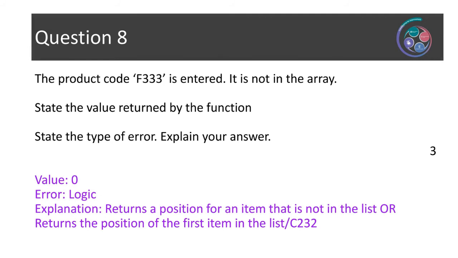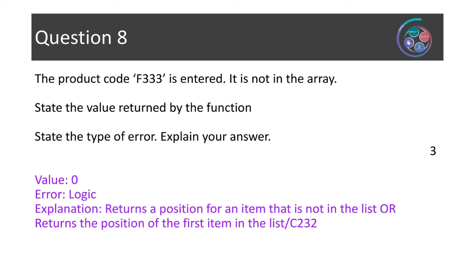So the first part of this question is asking us to state the value returned by the function. And we've used the product code F333, and it's an item that's not in the array. So if we cast our minds back to the code that was set up for the shop and look at line 2 in particular, it says declare position initially as 0.